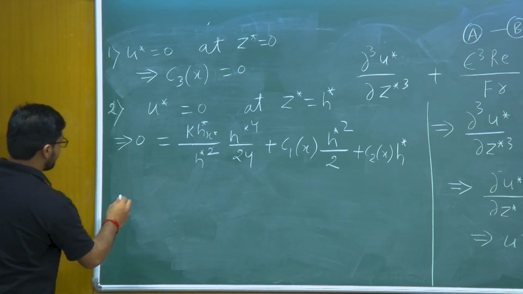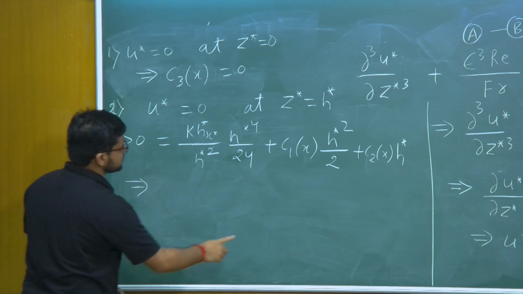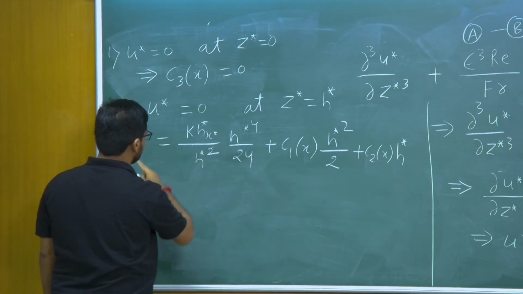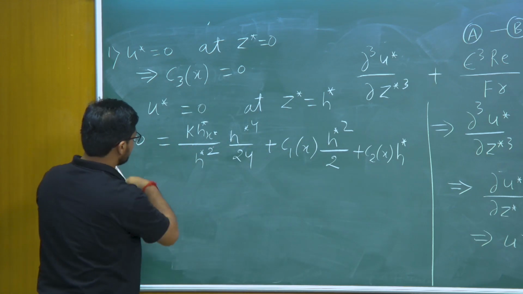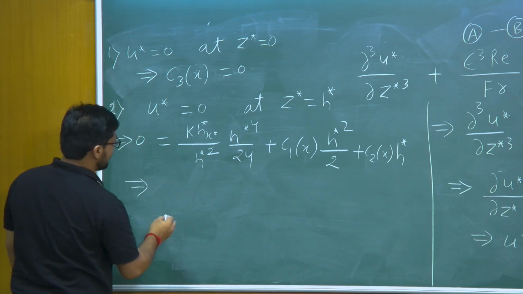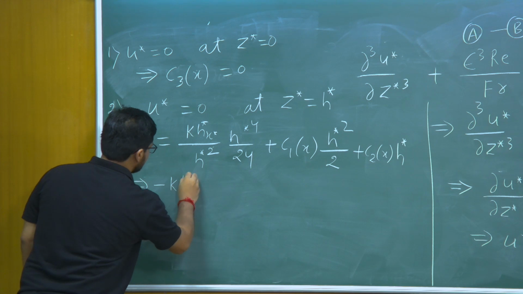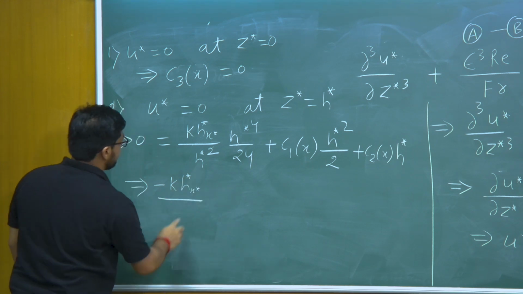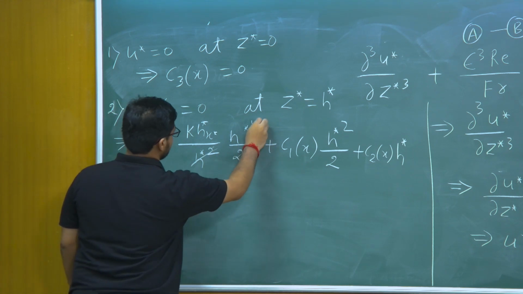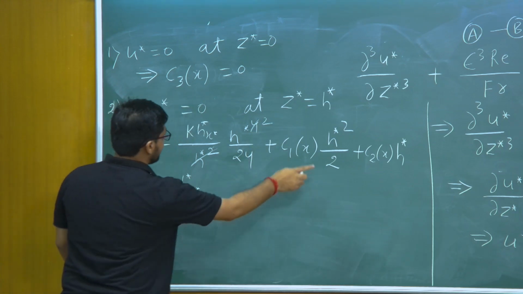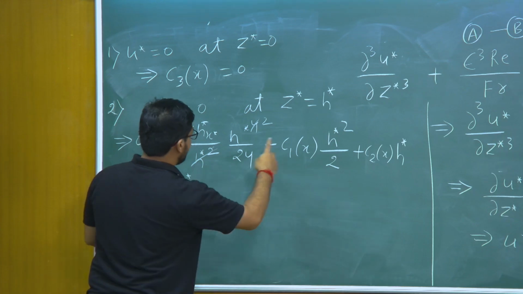So, from here you can get one relation. Here h star will come common, and because h star is not 0, we can send it to the LHS, and from here you will get directly k into h_xx star upon. So, this square and this 4 will cancel out. So, this will be h square, and again h will cancel out from that.